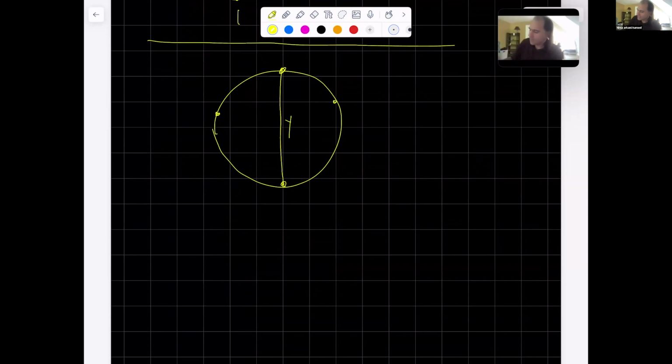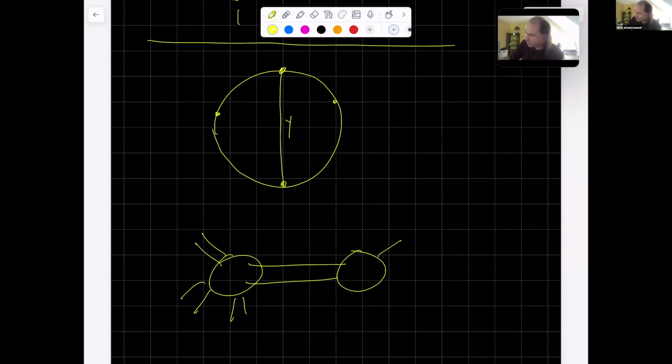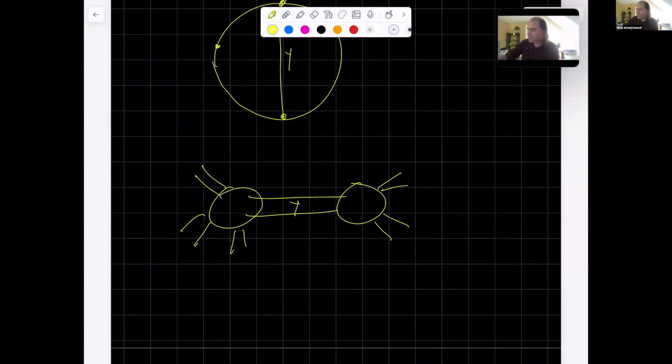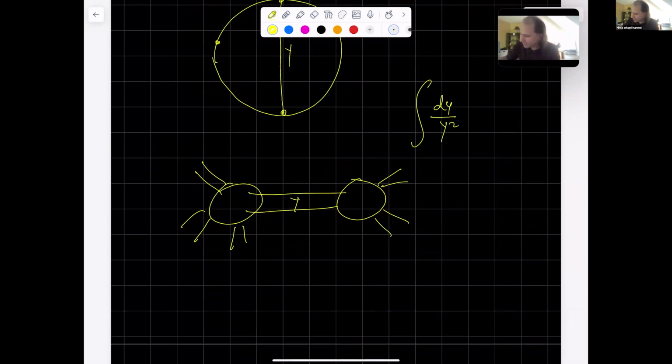Let's say it in the language of fat graphs. I have some surface with some left part, some right part, and some kind of road in the middle, y. It's natural to ask, how do U variables depend on y? Especially since I have this dy over y squared measure, if there's an x associated with this road, I take this particular u_x.